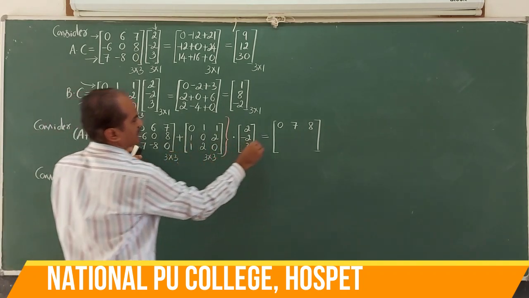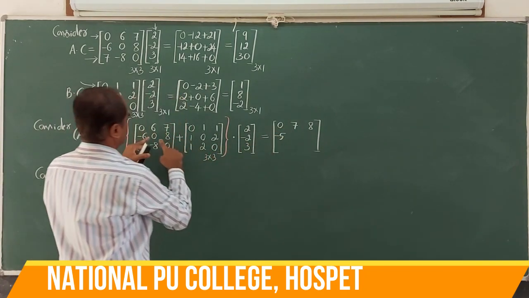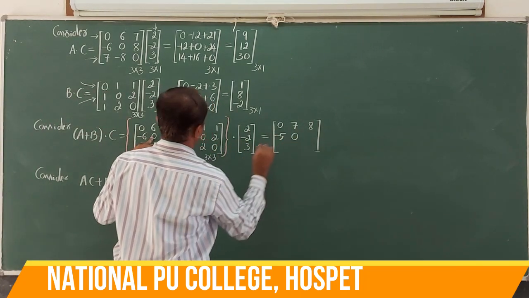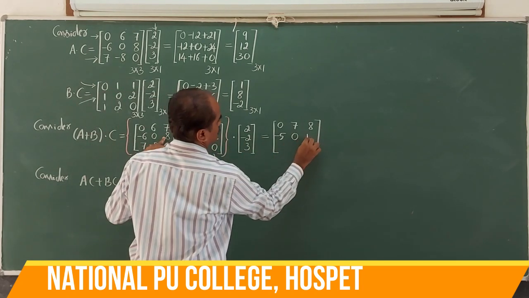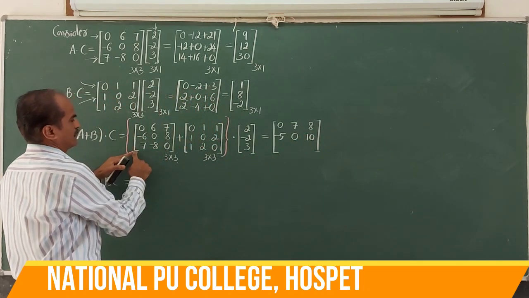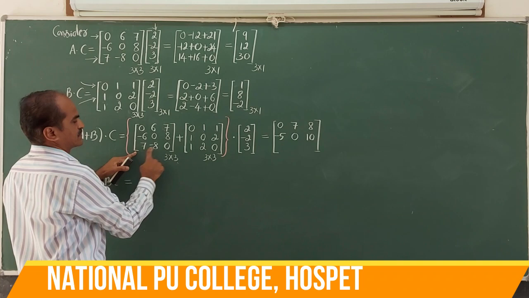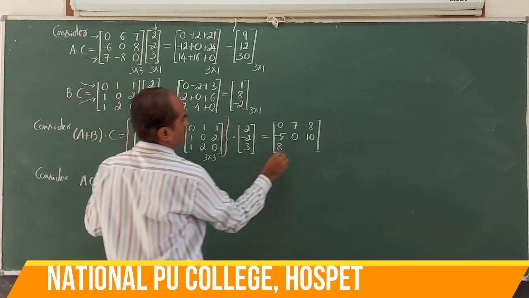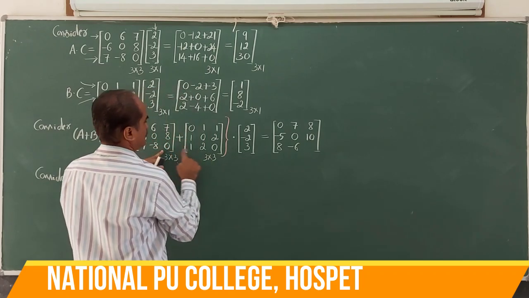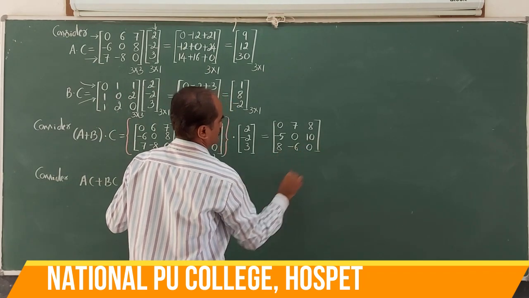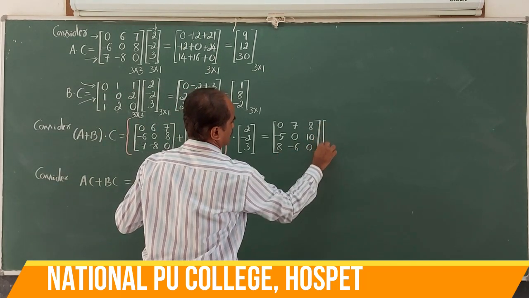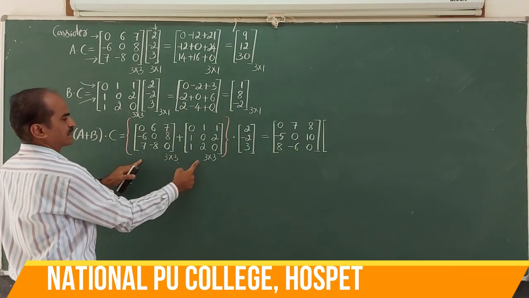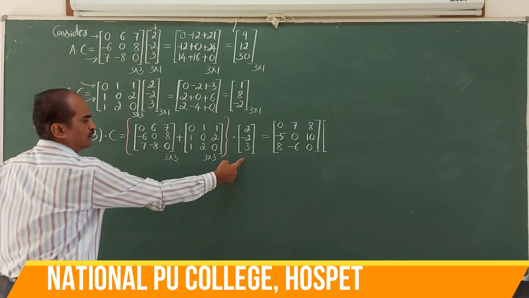Minus 6 plus 1, minus 5; 0 plus 0, 0; 8 plus 2, 10. Next, third row elements: 7 plus 1, 8; minus 8 plus 2, minus 6; 0 plus 0, 0. This completes the A plus B matrix.